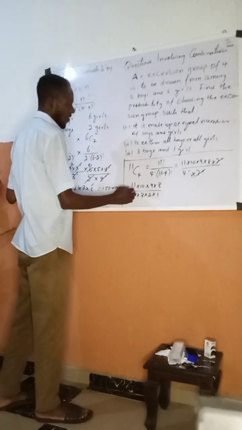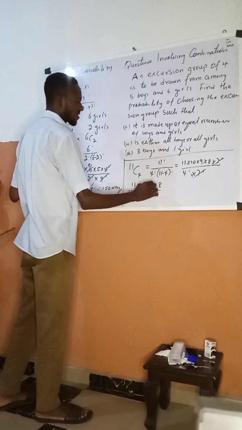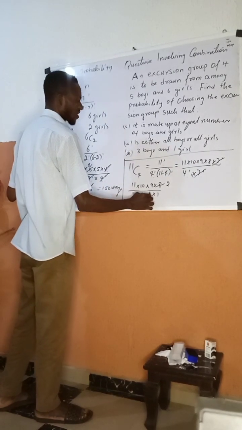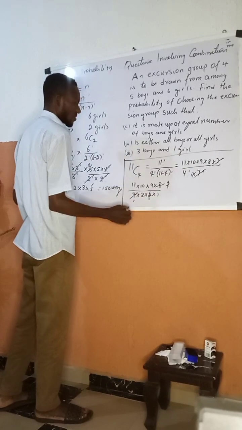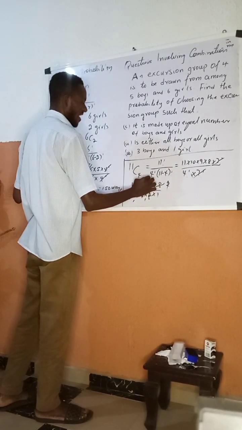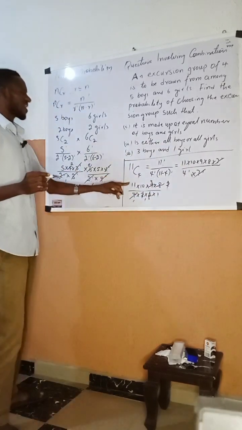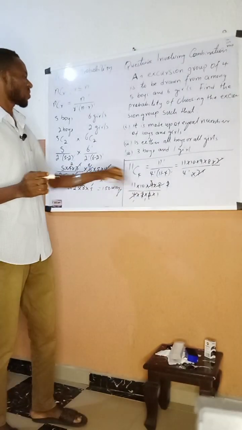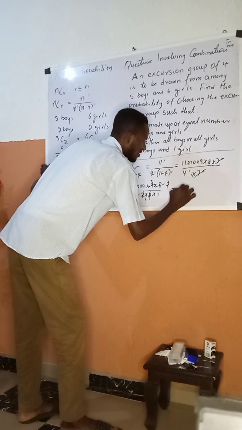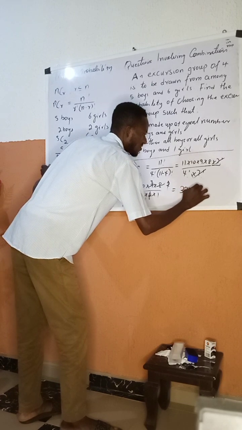Here I have 4; 4 cancels itself to 1. Cancel 8 is 2. Here I have 2; 2 cancels this and this is gone. Here I have 3; 3 cancels itself to 1, cancel 9 is 3. And I now have 11 times 10 times 3, which is equally 330 ways. So I have 330 ways.